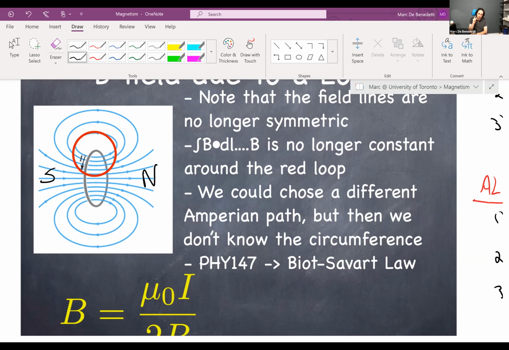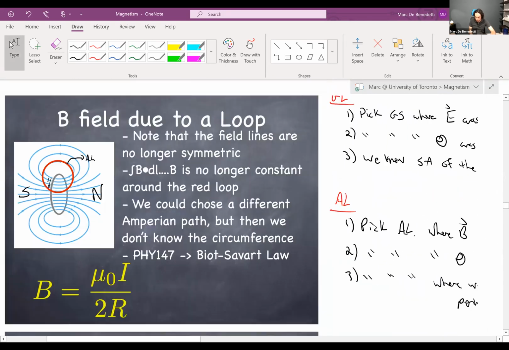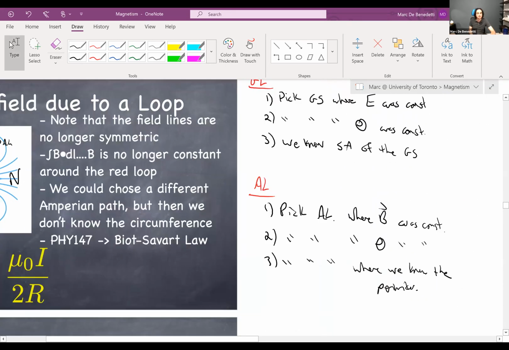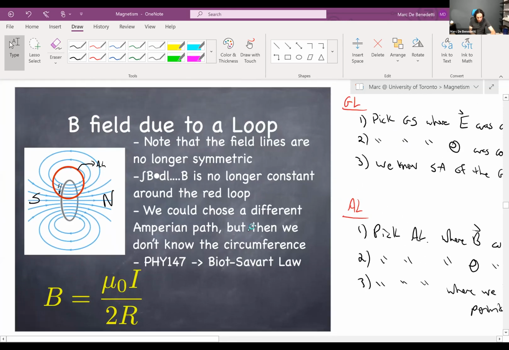Here's why. We are not able to satisfy those 3 assumptions. Let's try to naively pick a circle, as we did with a straight wire, for our Amperian loop. If we pick this red Amperian loop, then we will be integrating the magnetic field across this red loop. Is the magnetic field B constant everywhere along this loop?